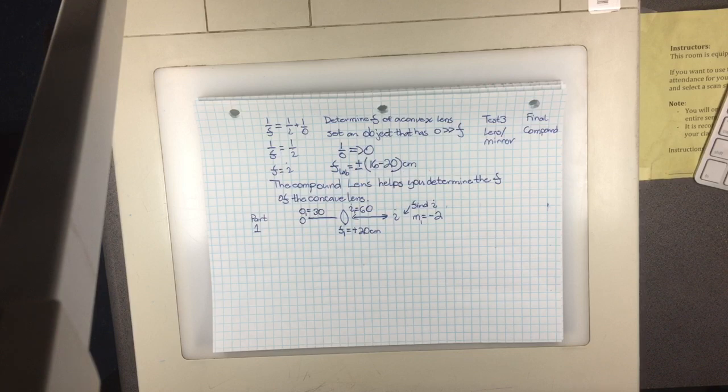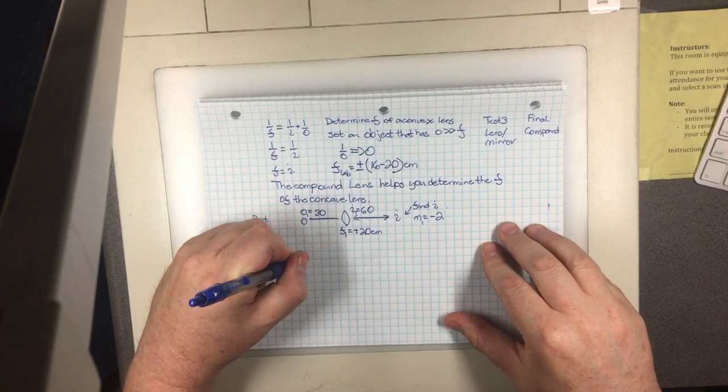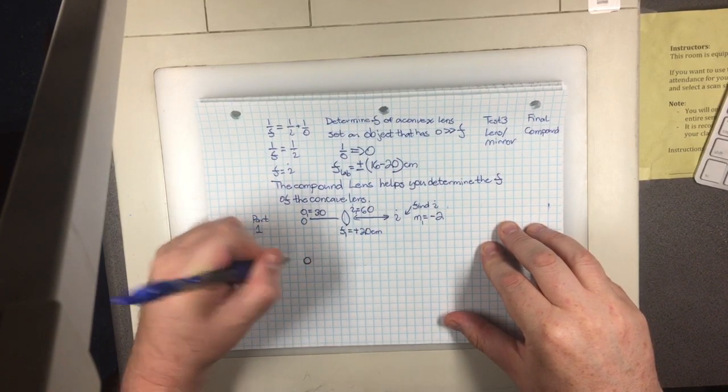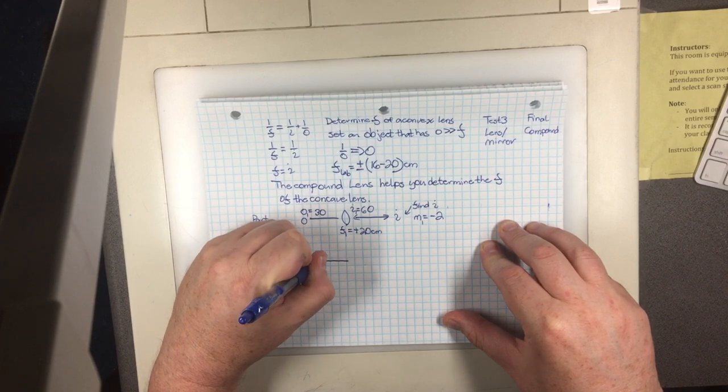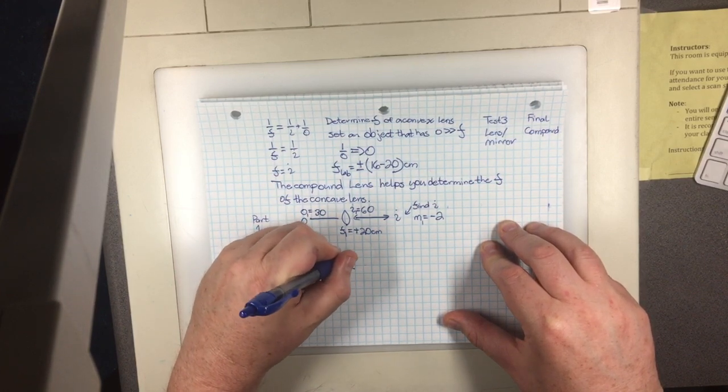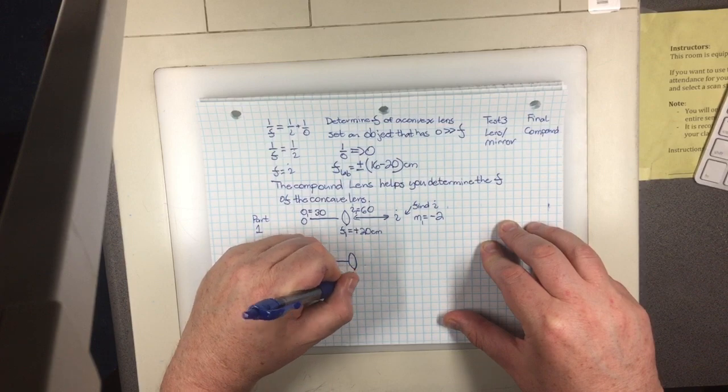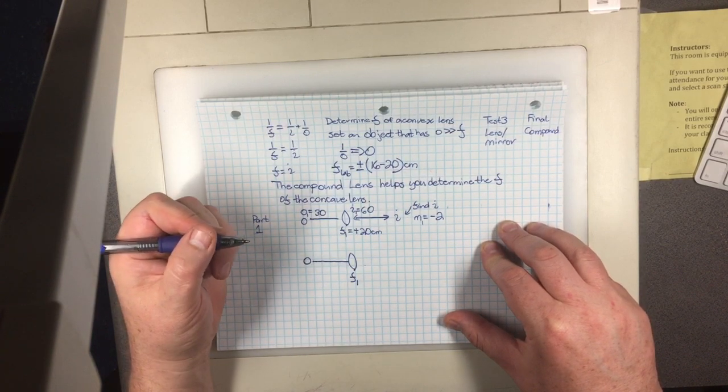What happens here is the object is still at the same place. It is still the same distance from F1.